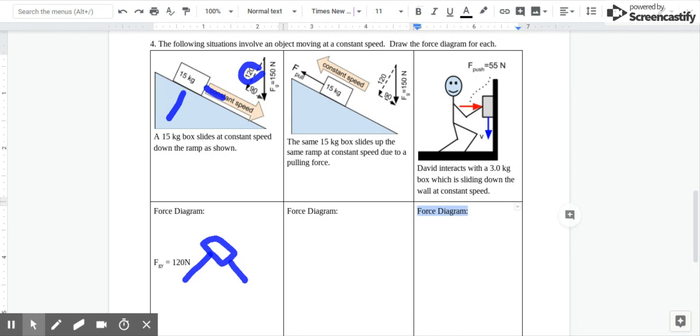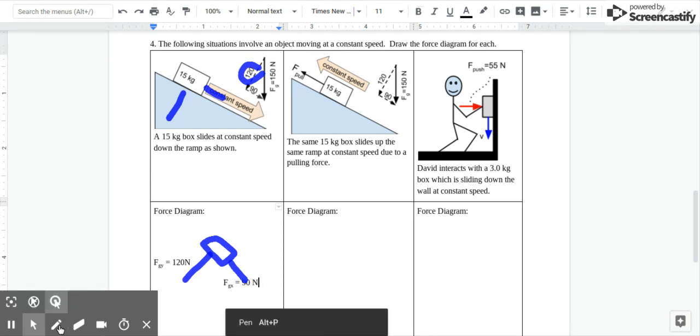And this guy over here is F_GX, which is equal to 90 newtons. Well, you can't really see that, can you? There we go, now you can.